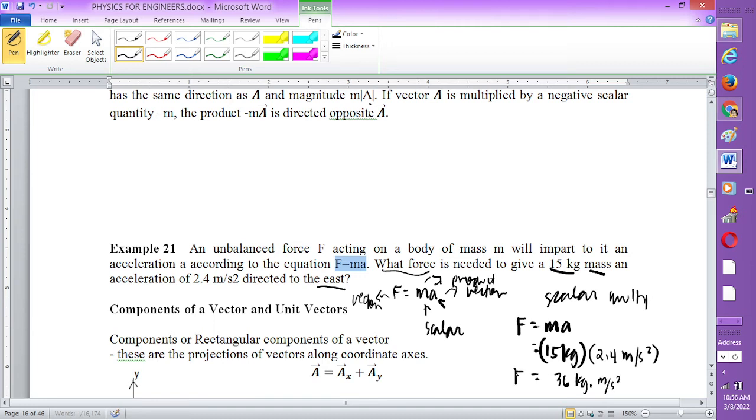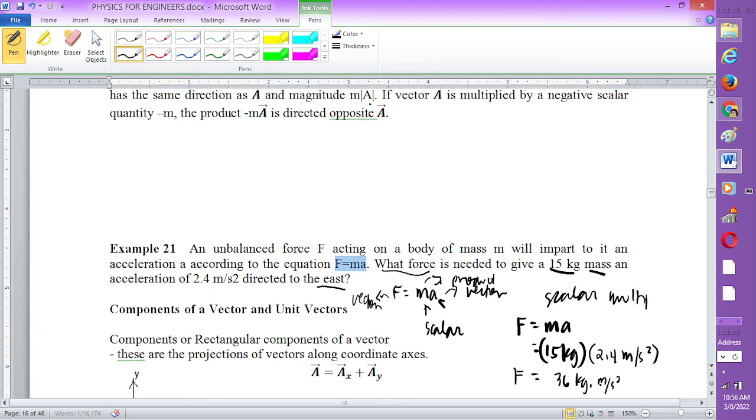Now, since force is a vector, we still need the direction. Since mass has no direction, and our acceleration has the direction east, the force will also follow that direction. So if the acceleration is east, the force is also directed east.